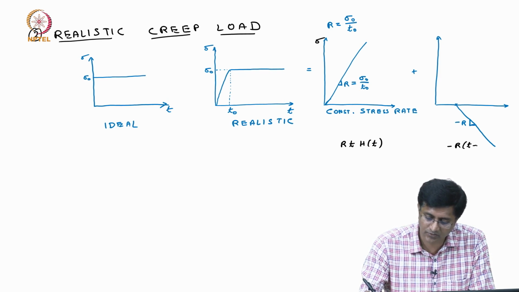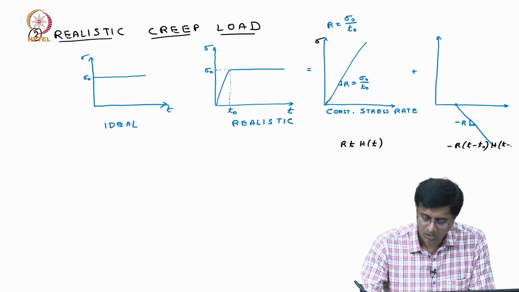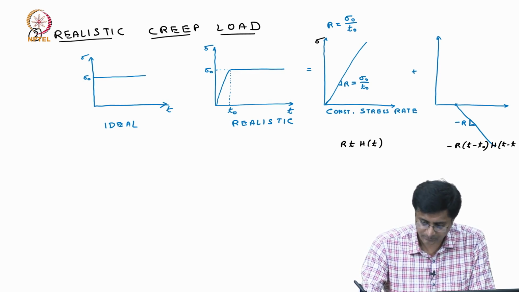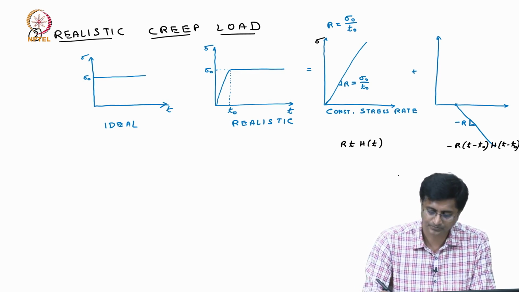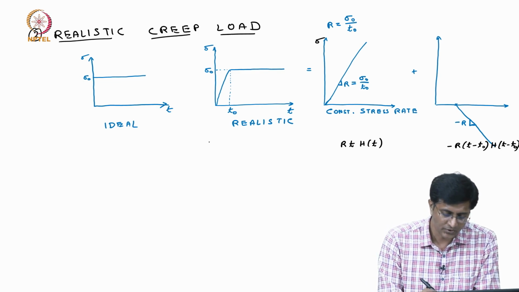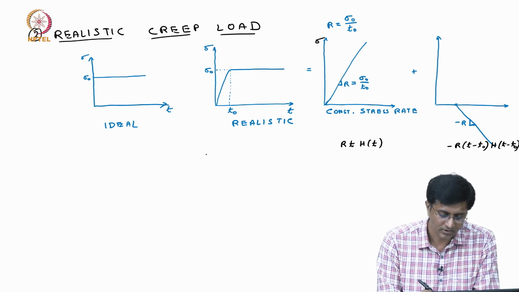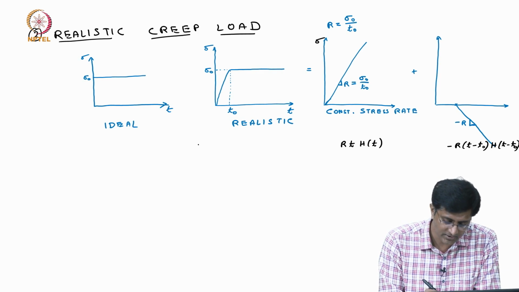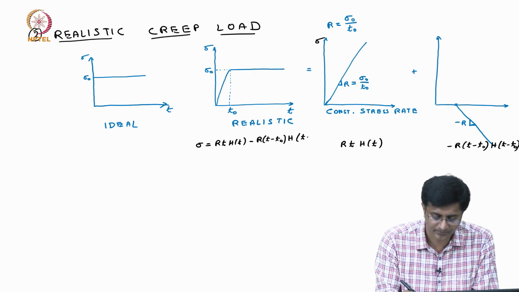So, we replace t with t minus t naught and the Heaviside function should be written as H of t minus t naught. So, effectively the realistic creep load can be written as sigma equals R t times H of t minus R times t minus t naught times H of t minus t naught.